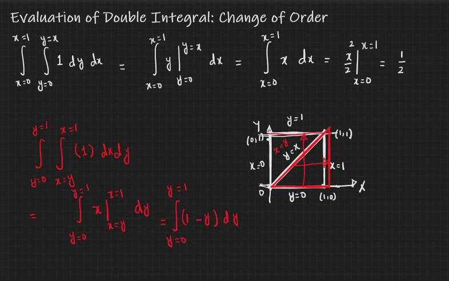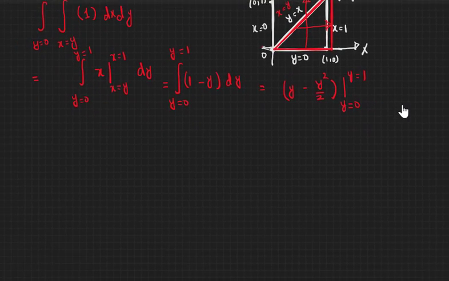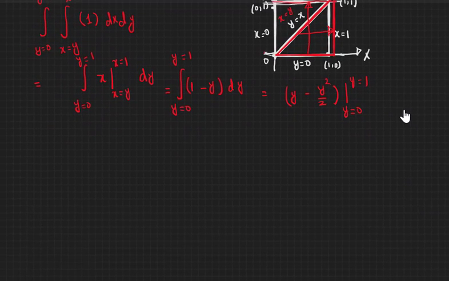Now the integration of 1 minus y with respect to y would be y minus y square over 2, taking the limits of integration of y, y equals to 0 to y equals to 1. So applying the limits of integration, that would be 1 minus 1 square over 2 minus 0 plus 0 square over 2.